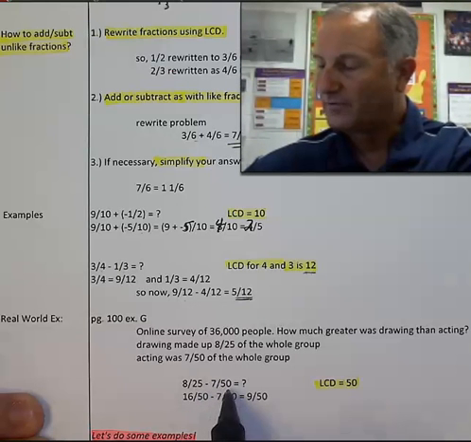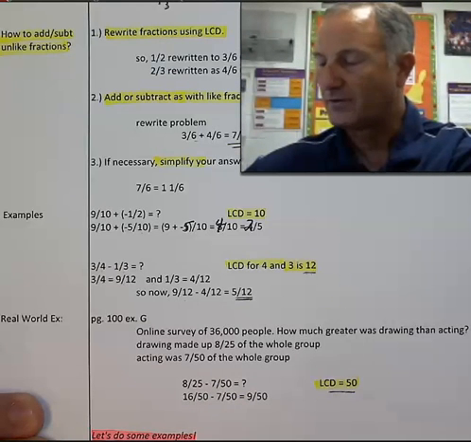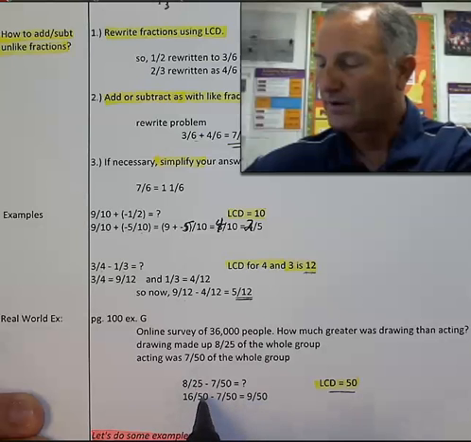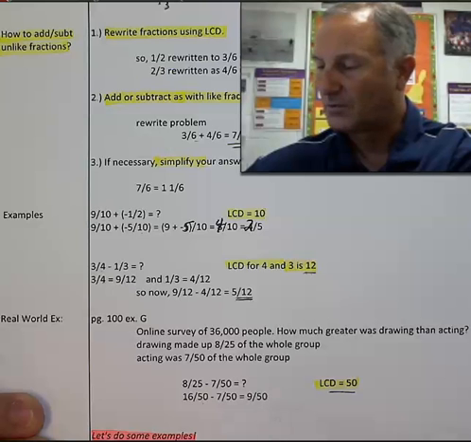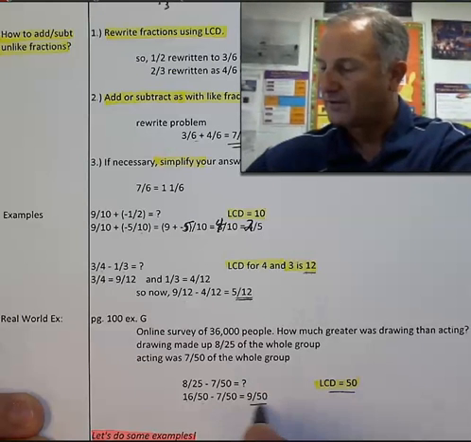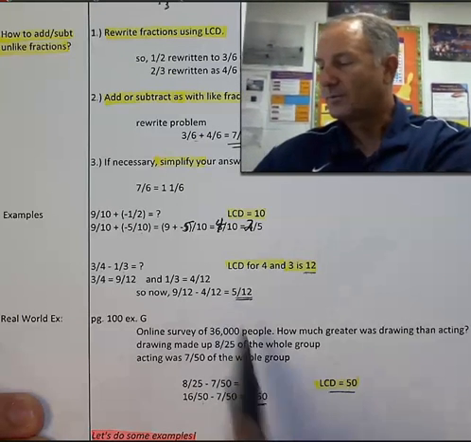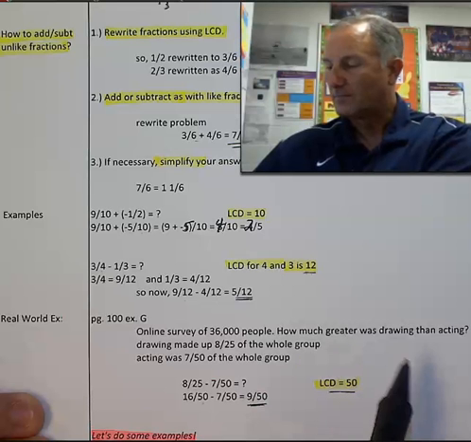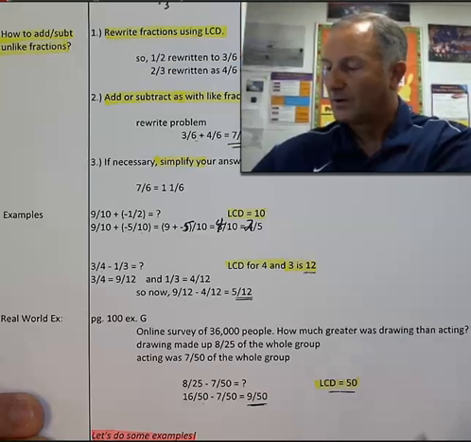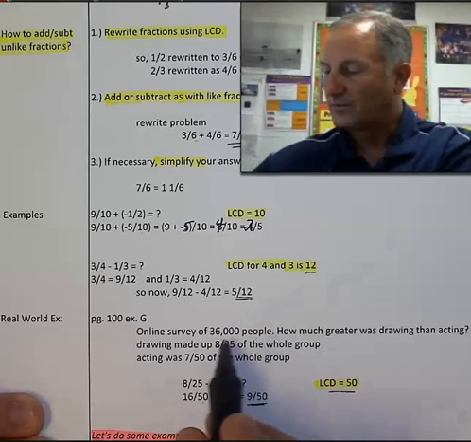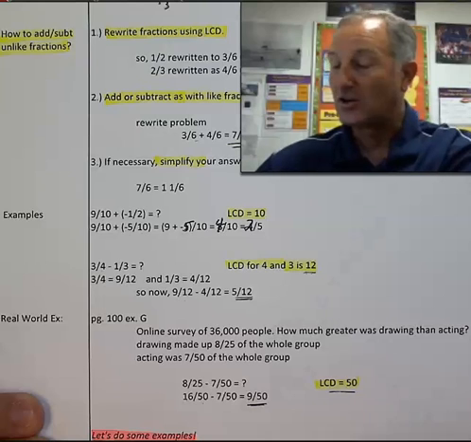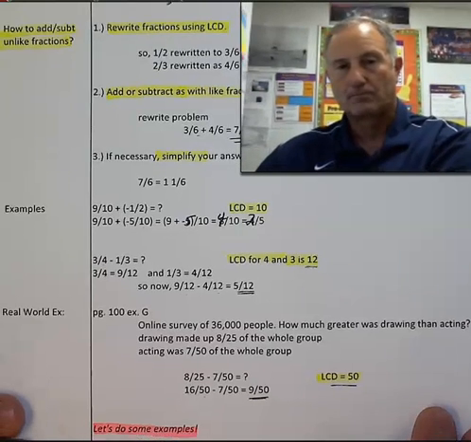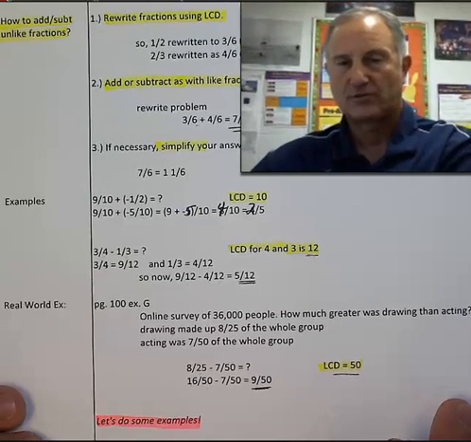Between 25 and 50, your least common denominator is 50. 8 times 2 is 16. 16 minus 7 is 9/50ths. So 9/50ths of the total population prefer drawing. You could take this times the 36,000 and find the exact number if you want, but we just need the fractional part here.